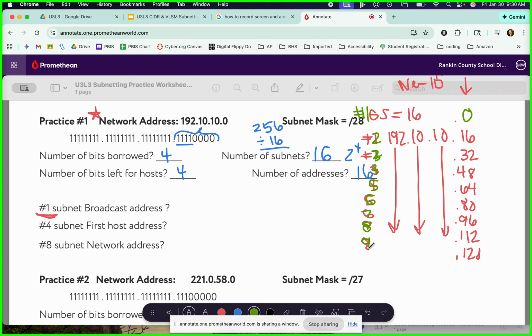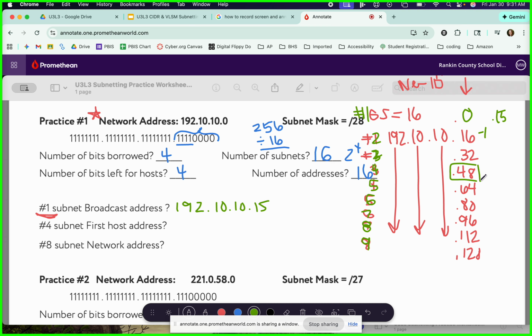It ends in dot 0. 16 minus 1, that dot 15 gives us the broadcast address for network 1. So it would be 192.10.10.15.